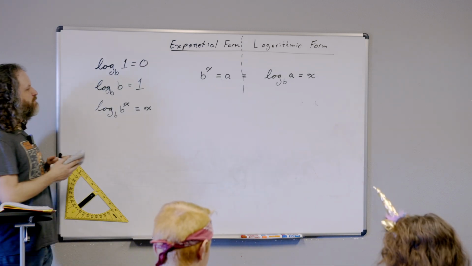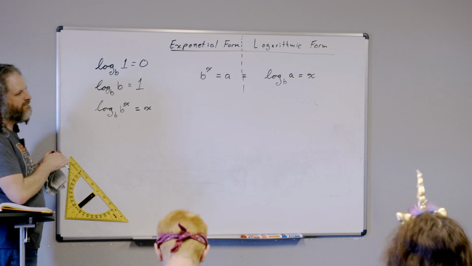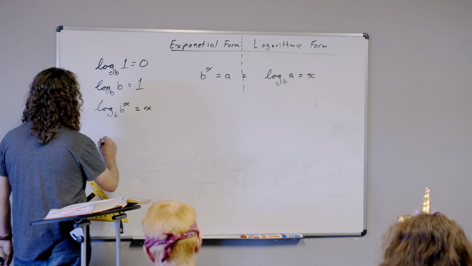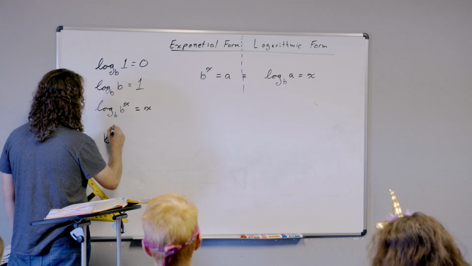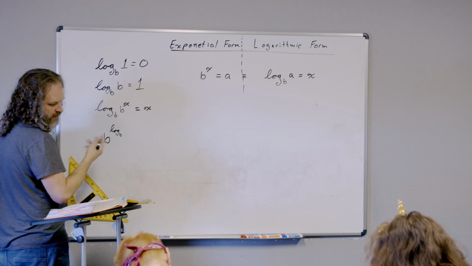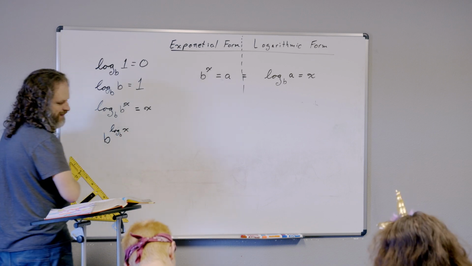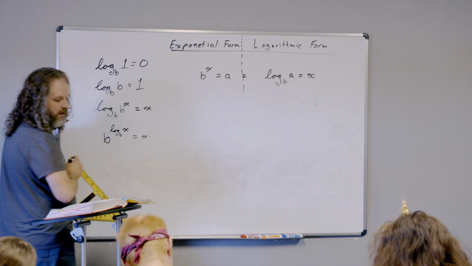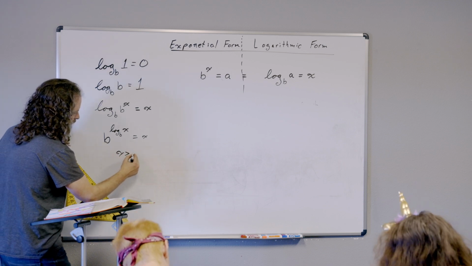Oh, this one's more fun looking. You ready? This one is really fun. If we have B and we raise that to the log base B of something else, so x in this context, that equals x. Now there's a caveat on this one: that's only if x is greater than 0.